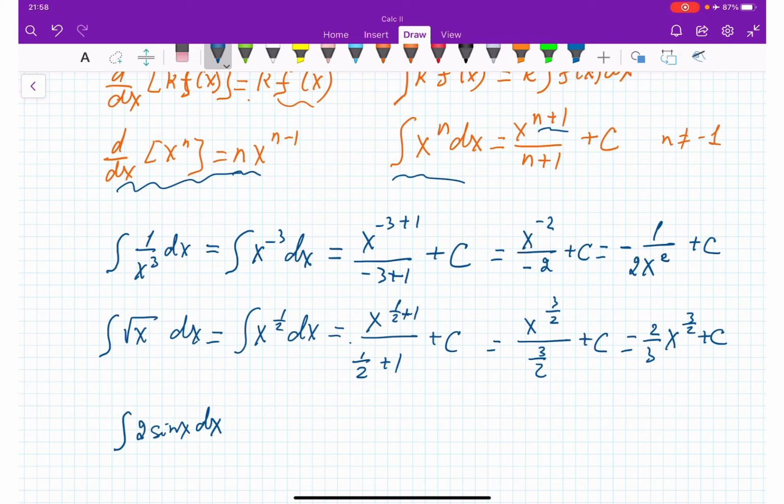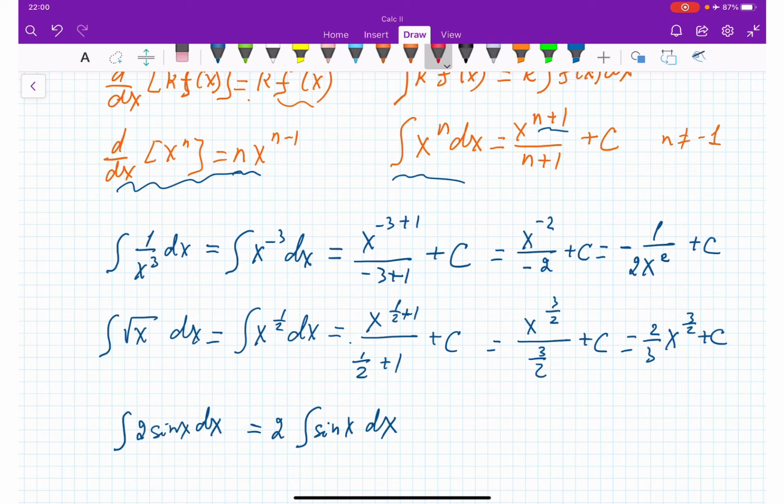It is cosine, right? The 2 will come out, and we will have the integral of sine x dx. Now let me write down the formula for the integral of sine x.